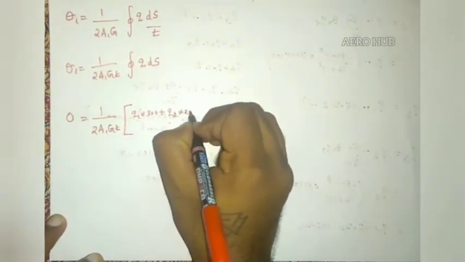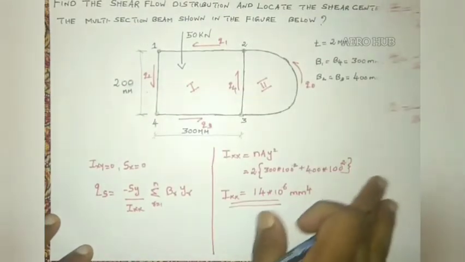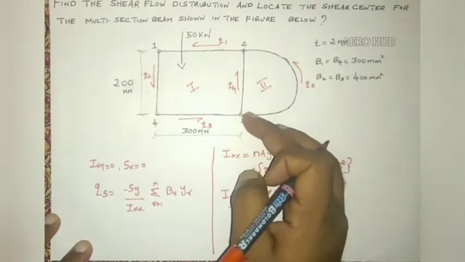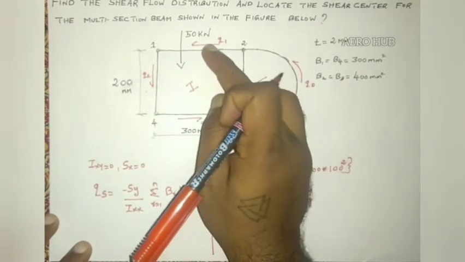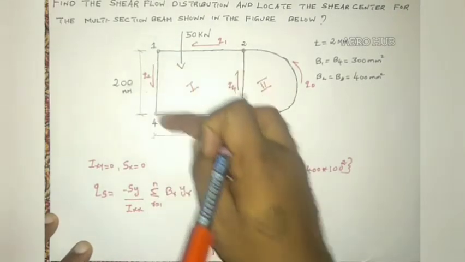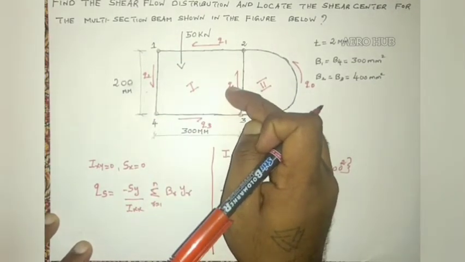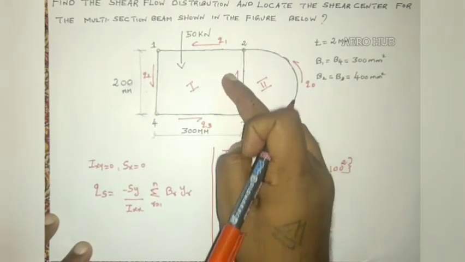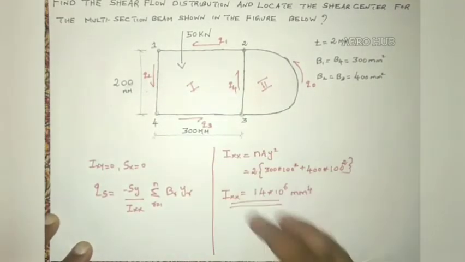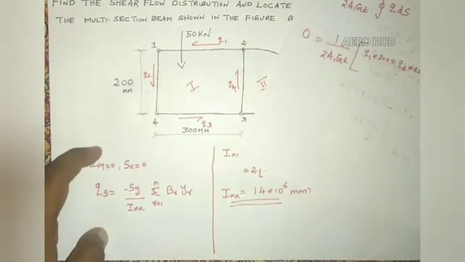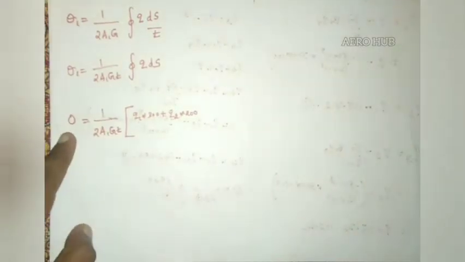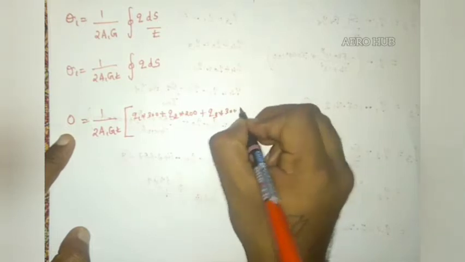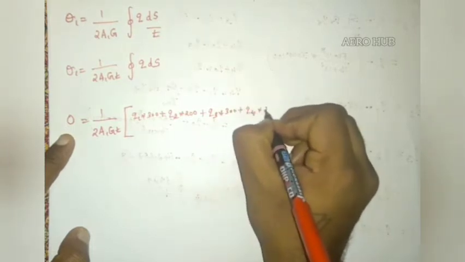One more thing, we are taking Q1, Q2, Q3 and Q4 as positive since the direction of shear flow is in anti-clockwise direction. This shear flow will rotate the section in the anti-clockwise manner. That's why I am writing Q1, Q2, Q3 and Q4 as positive in the case of cell number 1, plus Q3 into same 300 plus Q4 into 200.